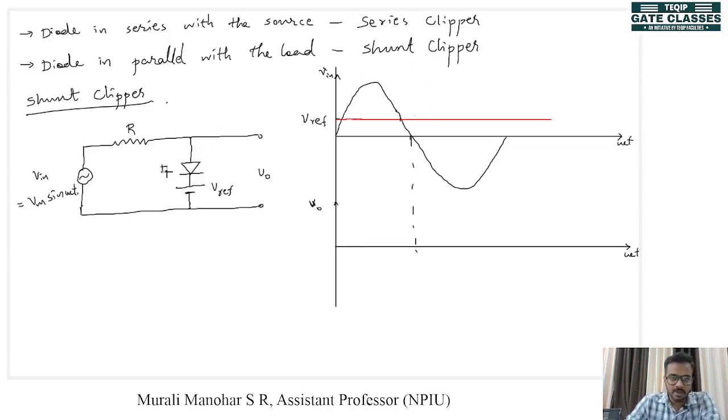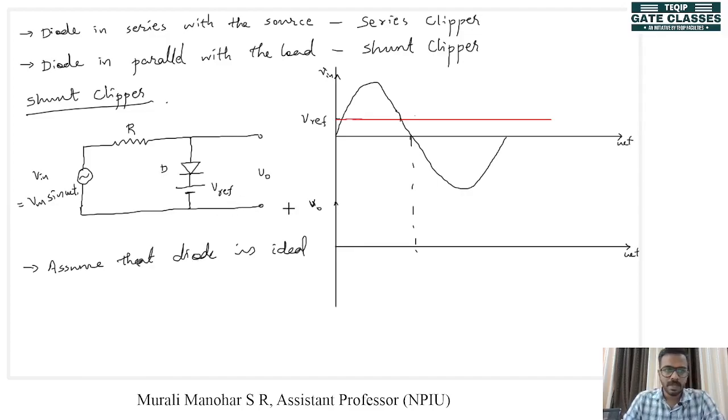Here we have a diode, and as always we are assuming that our diode is ideal. This is our assumption, that the diode is ideal, so it makes it easy to analyze the circuit. Now we want to see when the diode is turned on. That makes the difference in the circuit.